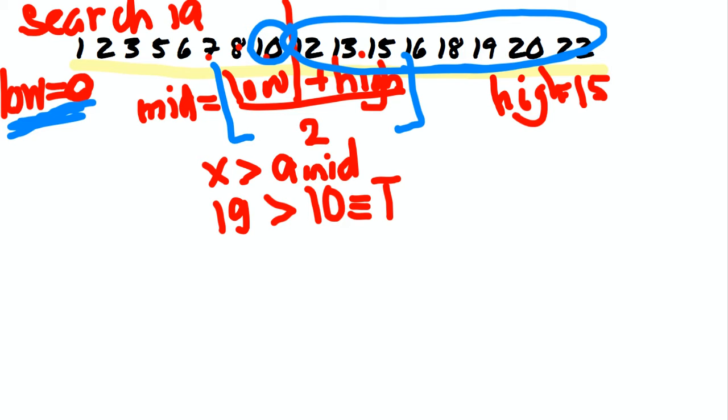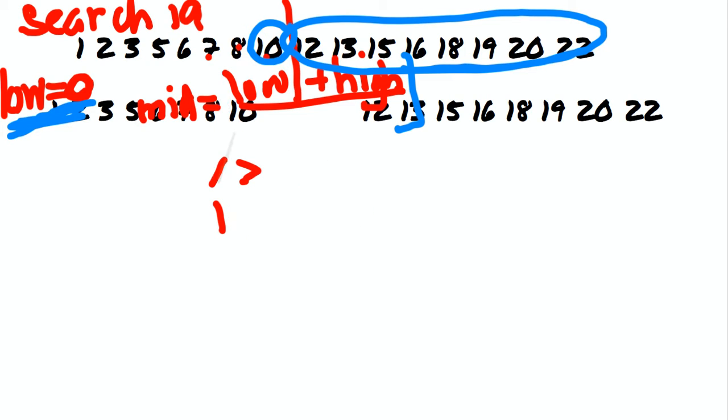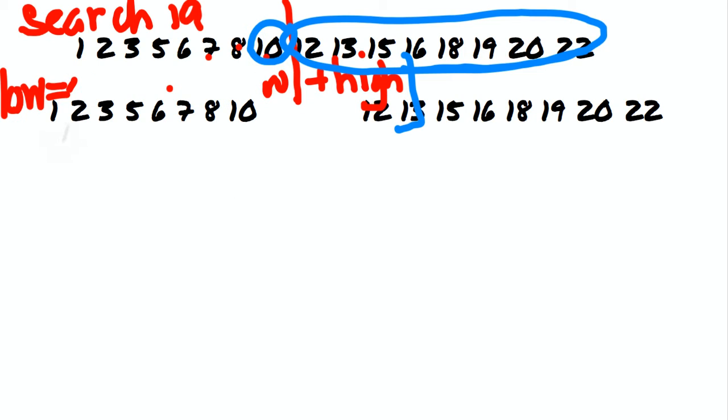Updated to what value? If you're going to focus on the upper half now, we have the lower half and then the upper half. The old low is 0.